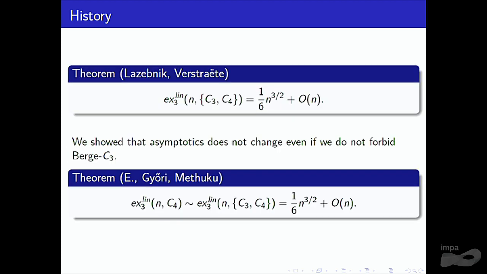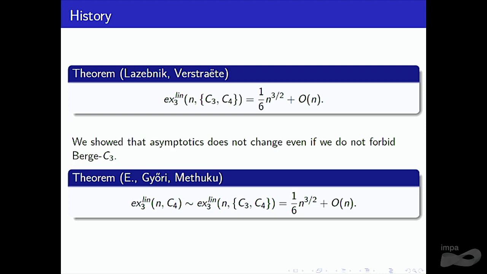Next is C4. We do not have a theorem for just the linear Turán number of Berge C4, but we had, by Lazebnik and Verstraëte, the linear Turán number of {C3, C4}, which has an asymptotically sharp bound of 1/6 n^{3/2}.